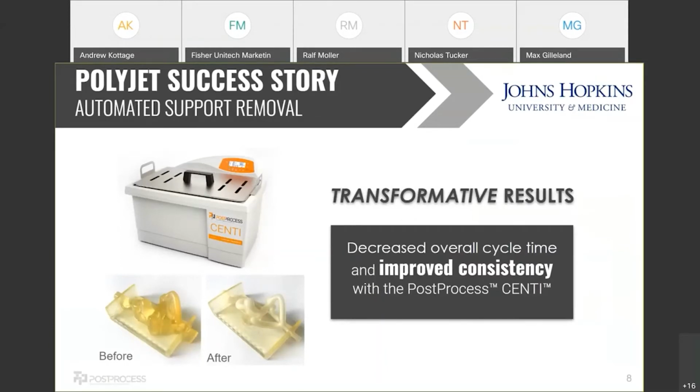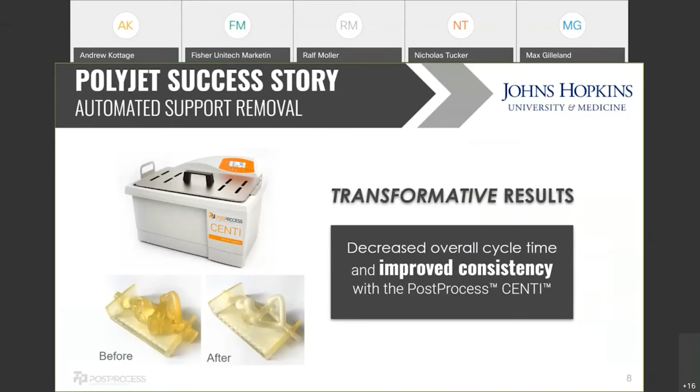So you can imagine trying to clean this part completely by hand. It can be extremely challenging, and when you look at this after photo, you can imagine it's very easy to potentially damage a part like that. So this is a Senti unit, which is a compact tabletop unit, but the success would apply to some of our larger units as well.